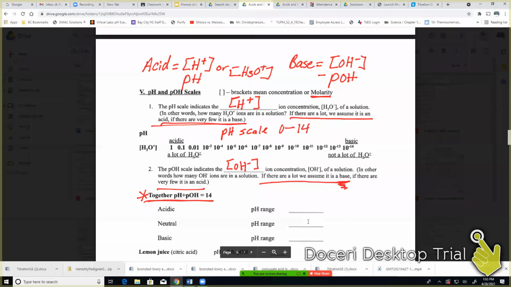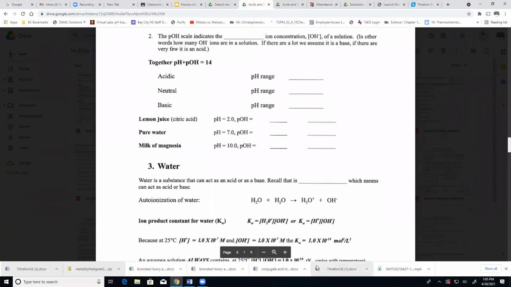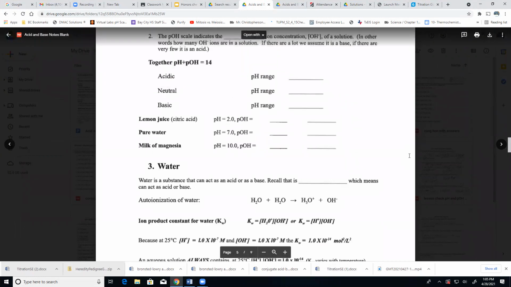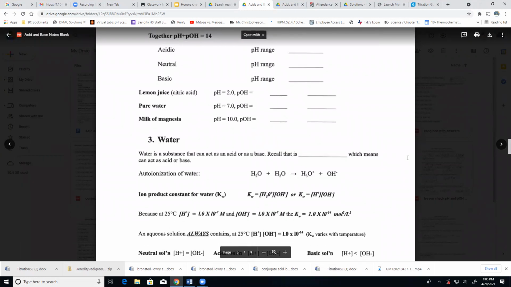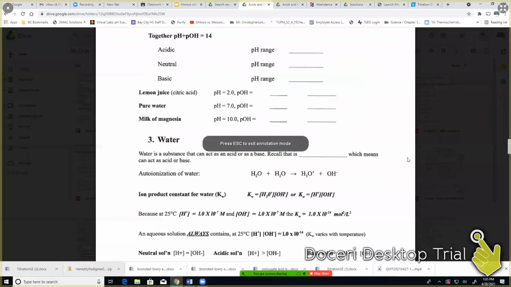All right, I'm going to move this up a little bit. So pH range, like we said, it goes from 0 to 14.